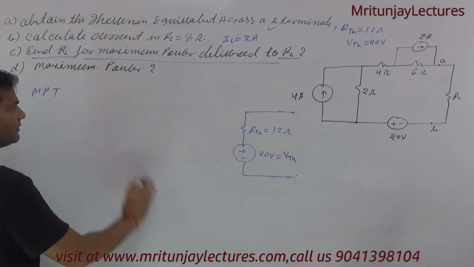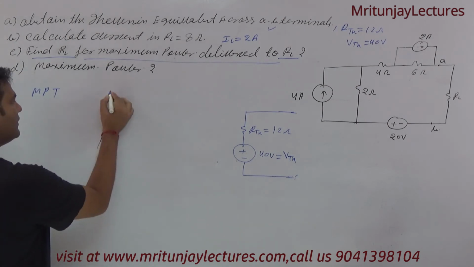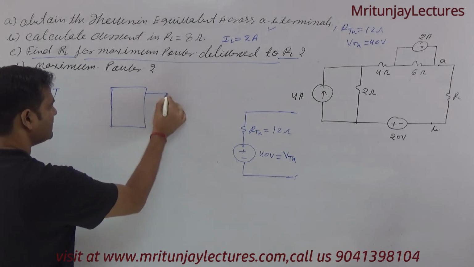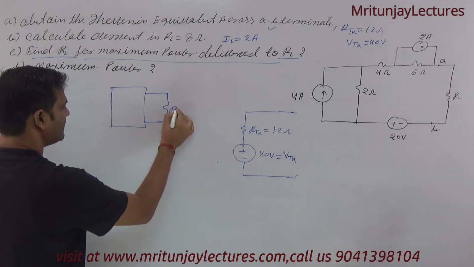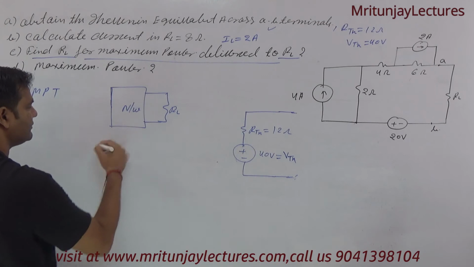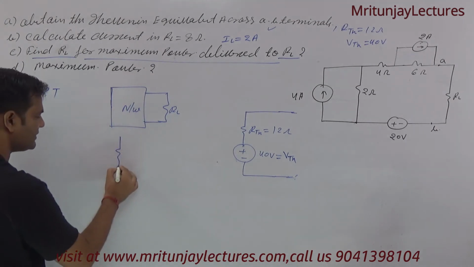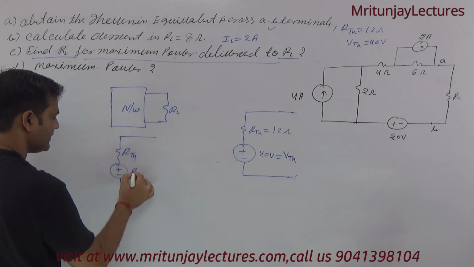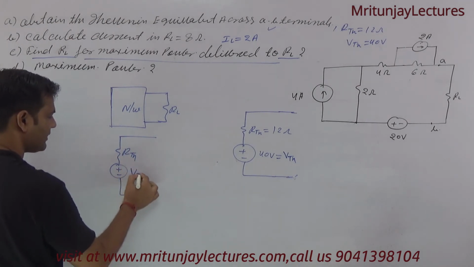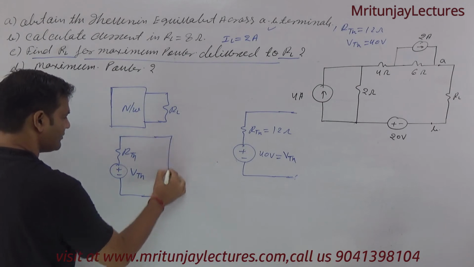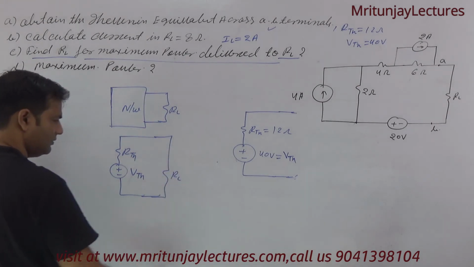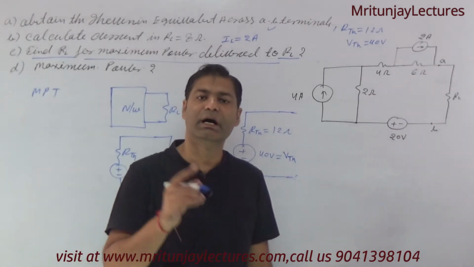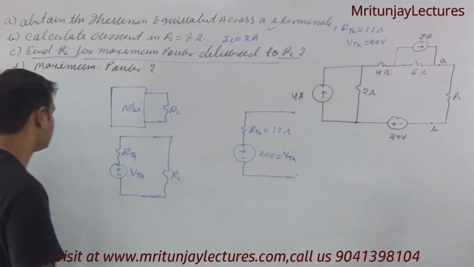For a network like this, and this is RL, represented as RTH and VTH, maximum power transfer happens in only one case, if RTH is equal to RL.